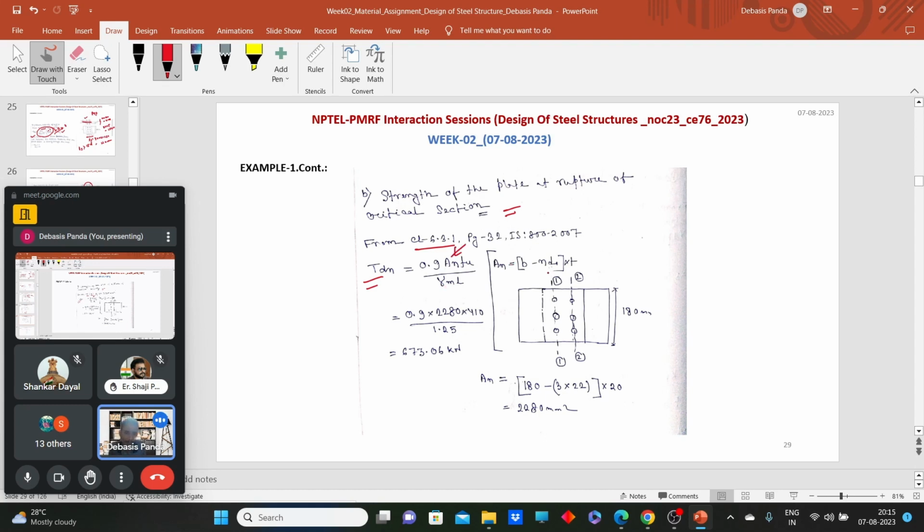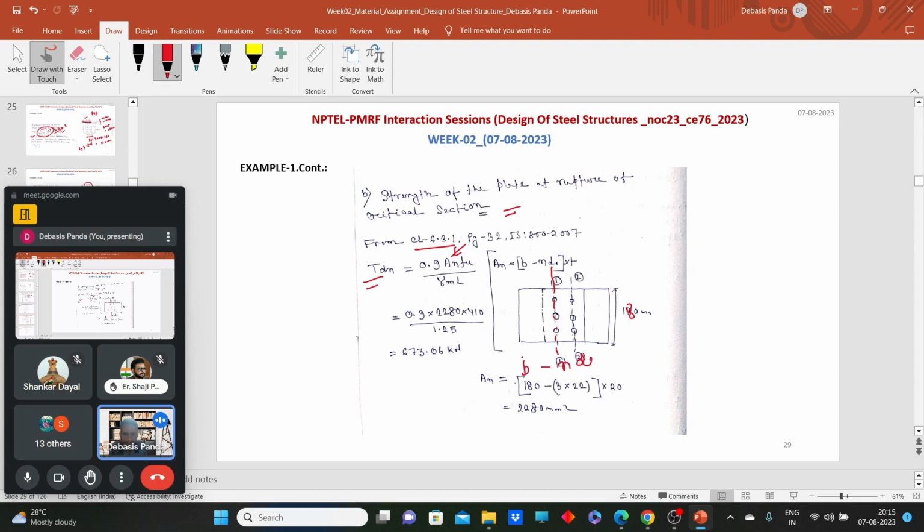Net area. So we have two sections where we made the holes, symmetric sections. We have 3 holes here, 3 holes here. So we can calculate the net cross sectional area, either 1 or 2. So what will be that net area? B, what is my B? 180 mm. So B minus n d0.